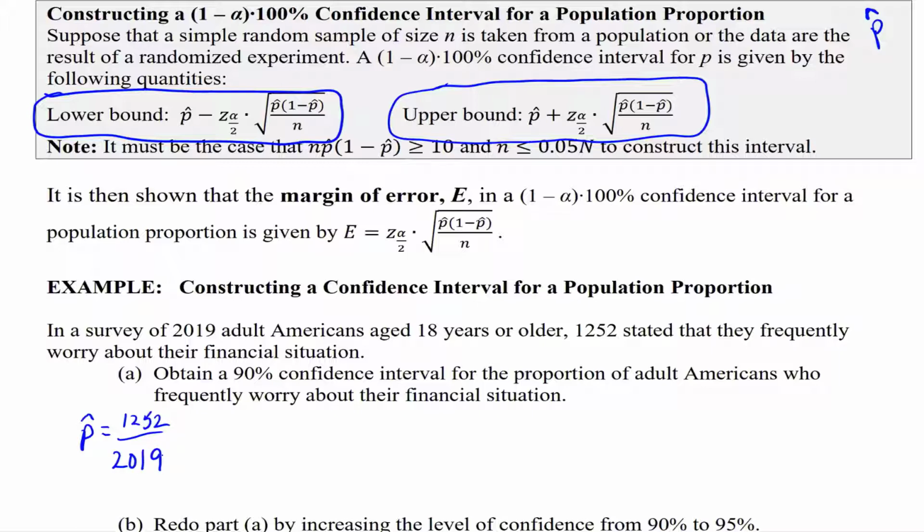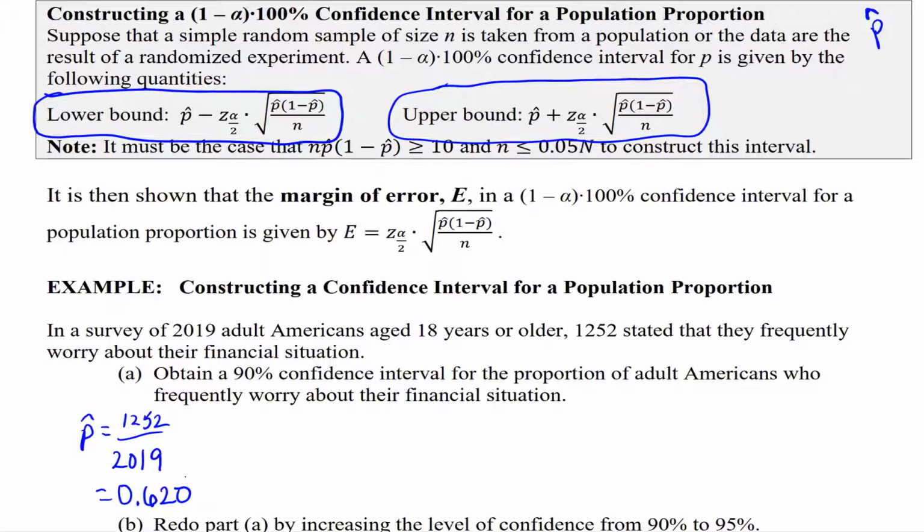So we have 1,252 divided by 2019, and we're getting 0.620. So our point estimate is that 62% of adult Americans 18 or older frequently worry about their financial situation.